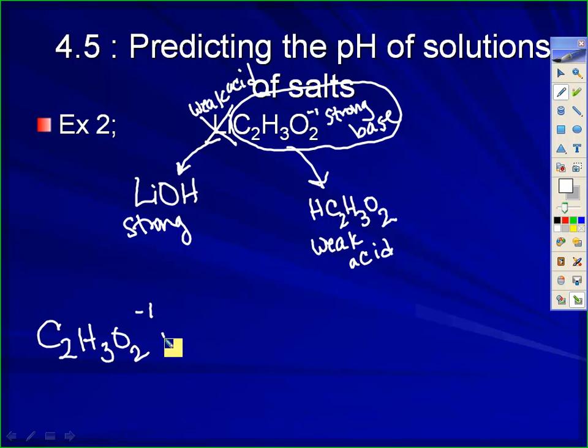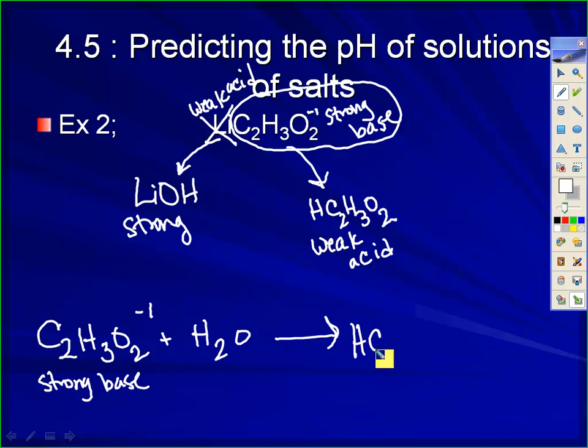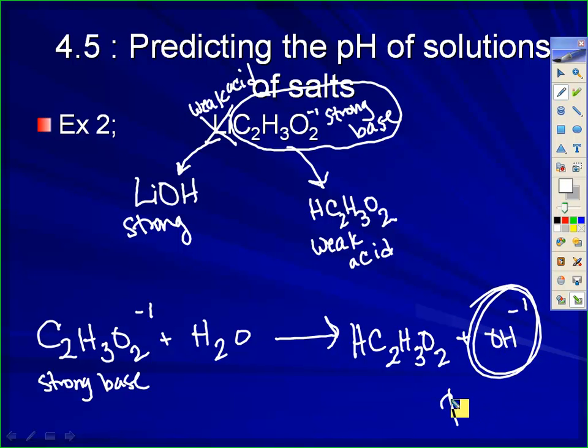C2H3O2 minus 1 plus water, if it's acting as a strong base, what it should do is pick up a hydrogen and a charge of plus 1, making it neutral, and we will have an increased amount of OH minus 1 in solution, which means that this solution will be basic.